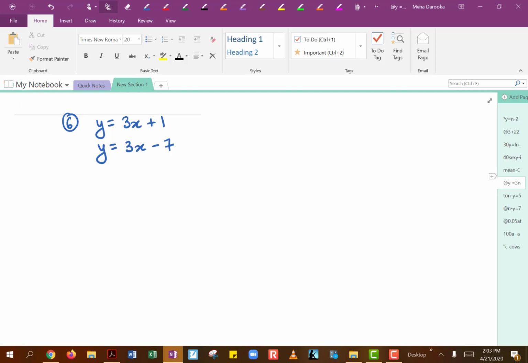So since our equations are already solved for y equals, we don't need to rewrite these. So this will be our equation 1, and this will be our equation 2. So we can just go ahead and substitute equation 1 into equation 2.